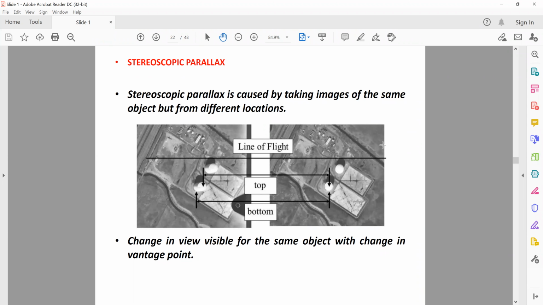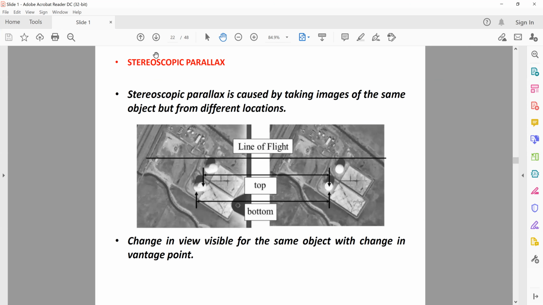So it's traveling in a straight line, and you take two pictures of the same object at different times. Basically, the drone has moved a distance between the time that you took the first picture and the time you took the second picture. In the two pictures, it would seem as if the object is moving. This apparent movement of the object is called parallax.